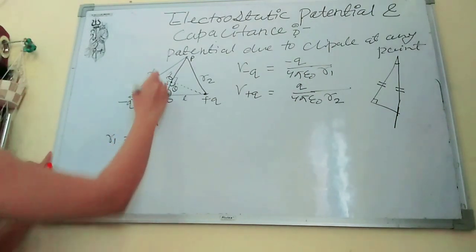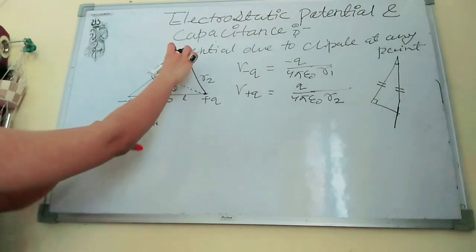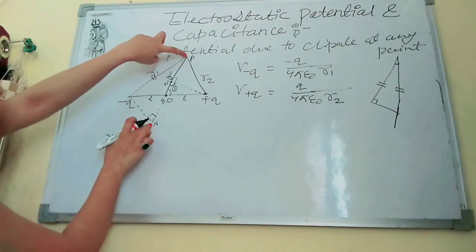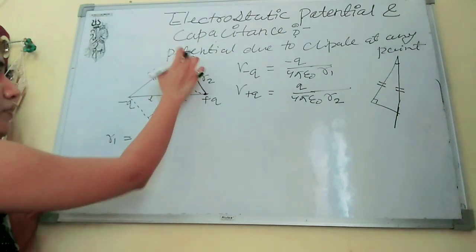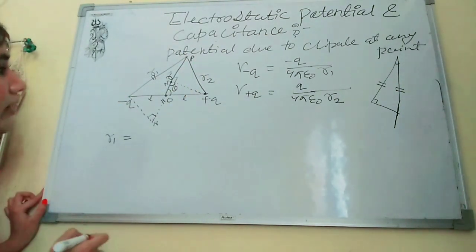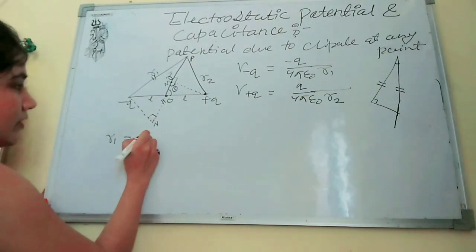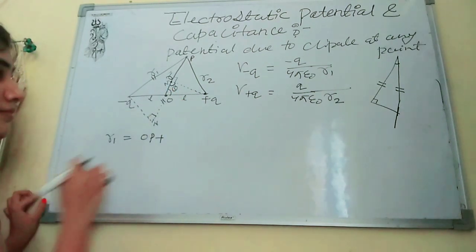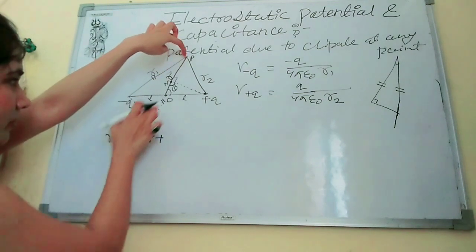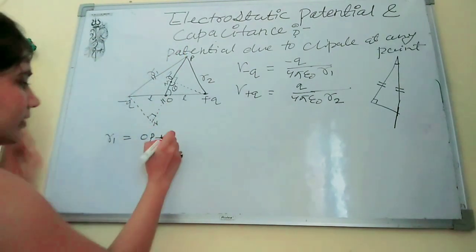Now this line will be equal to this whole line from this point to this point. Suppose this is the O point and this is the P point. So what will it become? This will become OP plus ON. The full measurement will be OP plus ON.